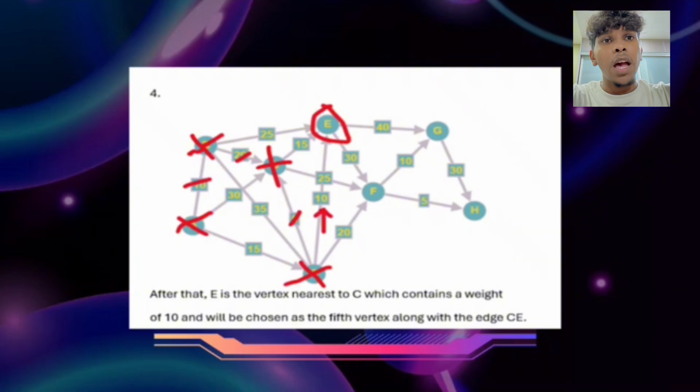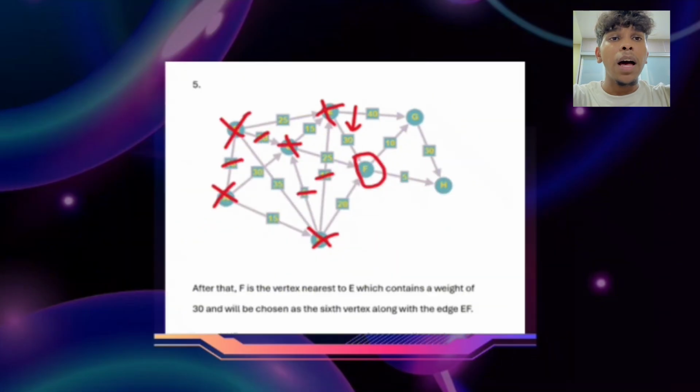DC. After that, E is the vertex nearest to C, which contains a weight of 10 and will be chosen as the fifth vertex along with the edge CE. After that, F is the vertex nearest to E, which contains a weight of 30 and will be chosen as the sixth vertex along with the edge EF.